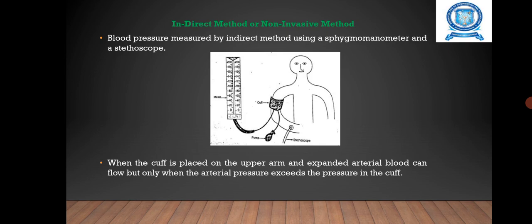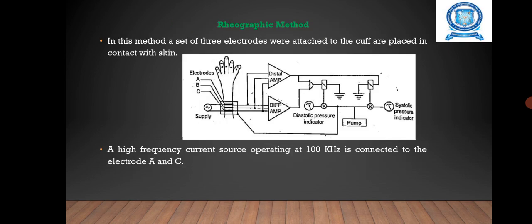An alternative method, in which a physician identifies the blood flow by feeling the pulse, is called the palpatory method. The next one is the rheographic method. In this method, a set of three electrodes is attached to the cuff and placed in contact with the skin.